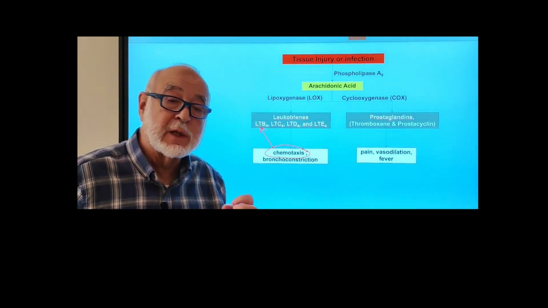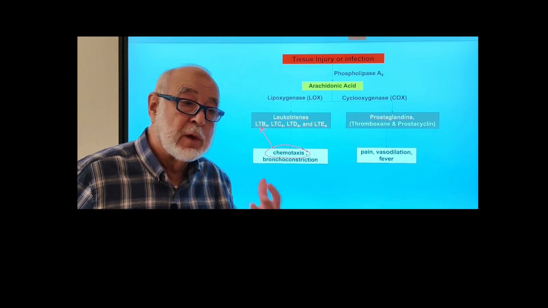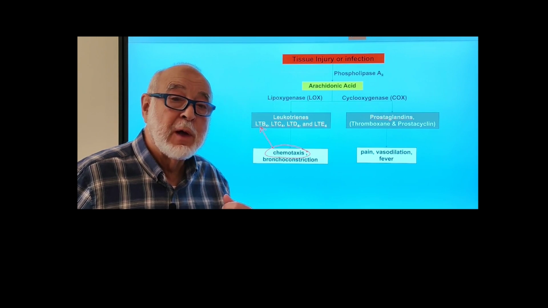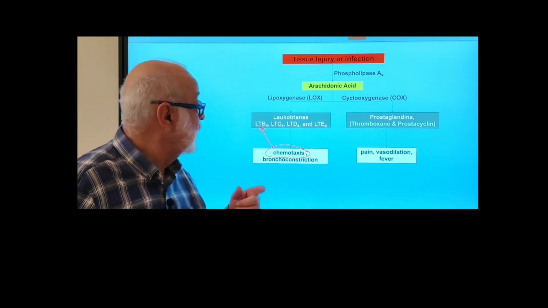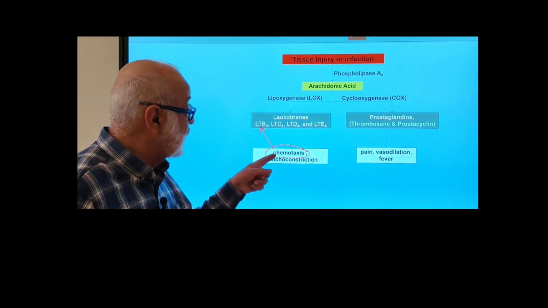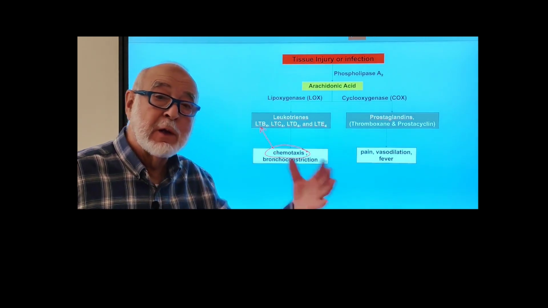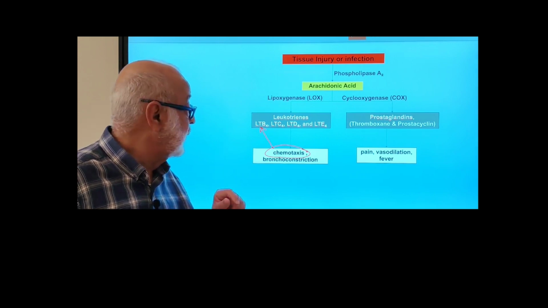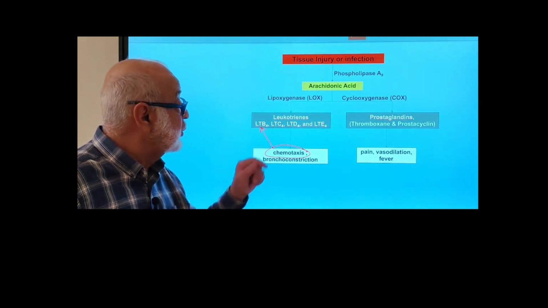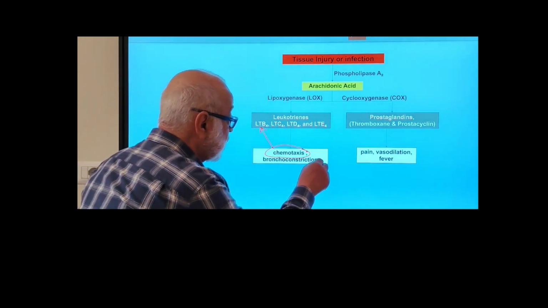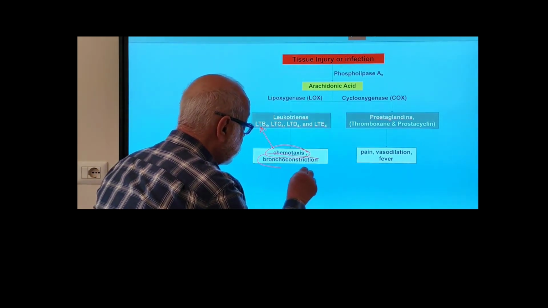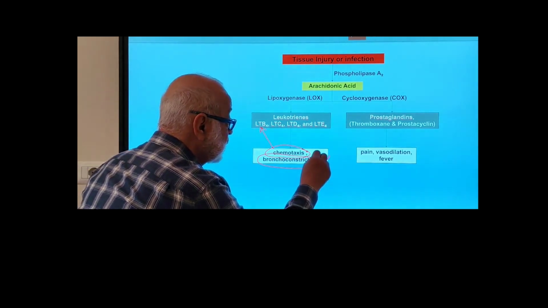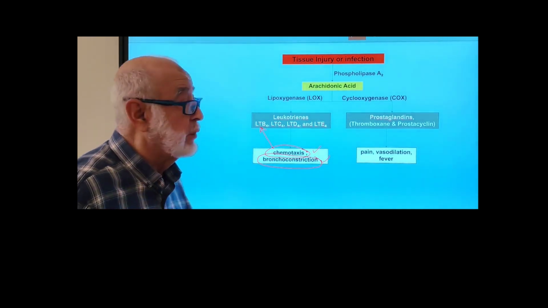What does it mean chemotactic? It causes attraction of immune cells to the site of inflammation. Okay? We'll talk about it in a few minutes. The other leukotrienes, they cause very powerful bronchoconstriction. Okay?